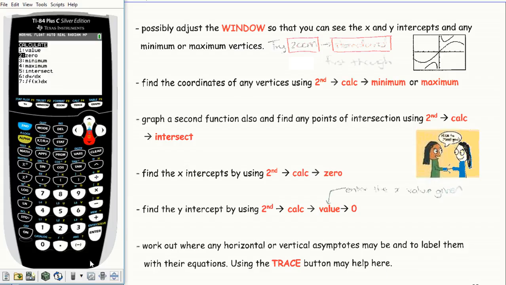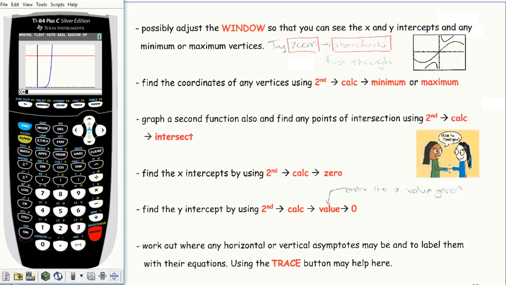To find any y-intercepts, by y-intercept we mean where the graph cuts the y-axis, you would go second, calc, value, and enter in the x value given. I notice it cuts the y-axis here at x equals 0, so I would select value and enter the x coordinate of that point, x equals 0.